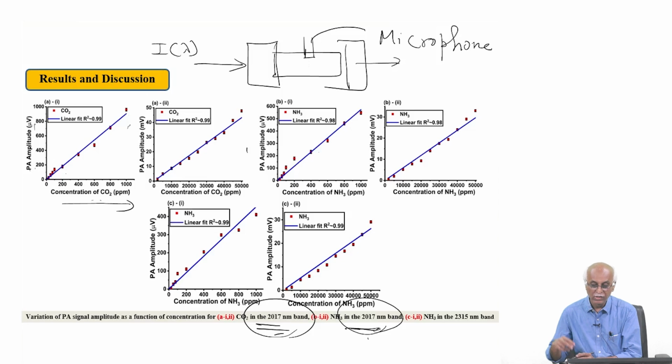Differential approach means we will use two different wavelengths and capture the photoacoustic signal for both ammonia and CO2 together at each wavelength, and then we can derive the concentration difference.